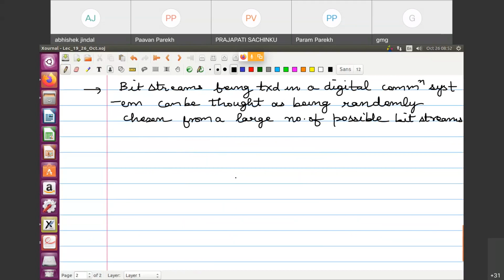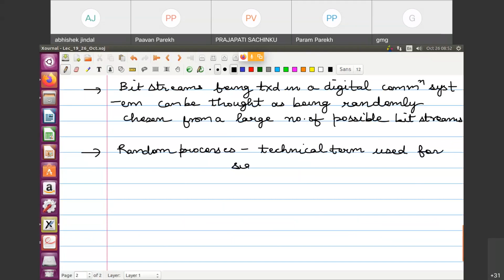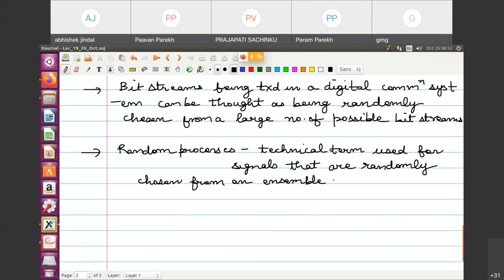Okay, so now we will formally say a few things. Random process is a technical term used for signals that are randomly chosen from an ensemble or collection of possible signals.